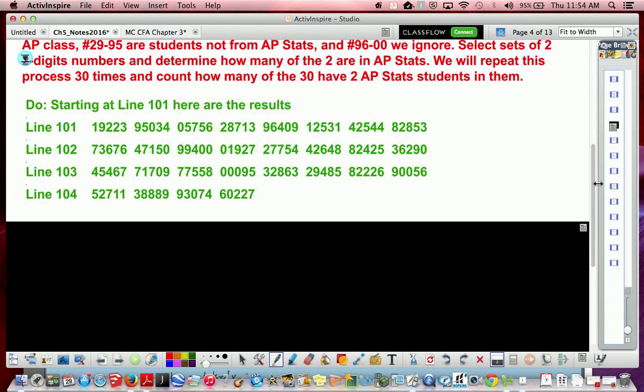About 30 more seconds. Hopefully that'll be enough. We'll start doing the actual simulation.